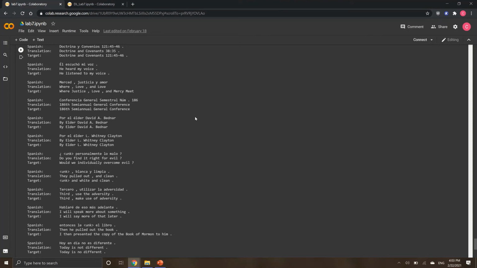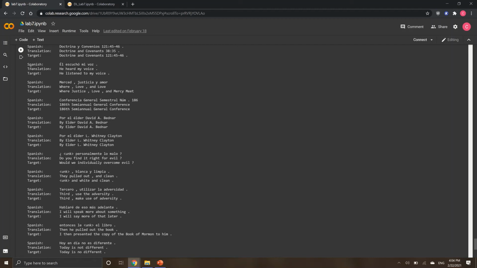So the data set is text from General Conference. It has Spanish text and the corresponding English text. And then your transformer will be creating a translation prediction. Now, one thing to note is you may not necessarily get exact translations.